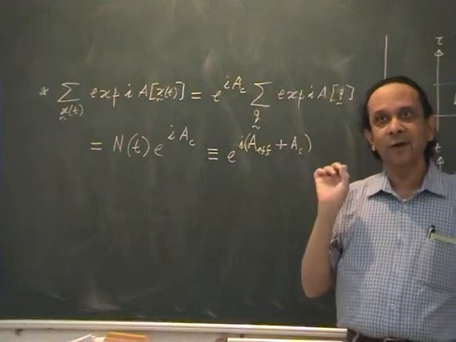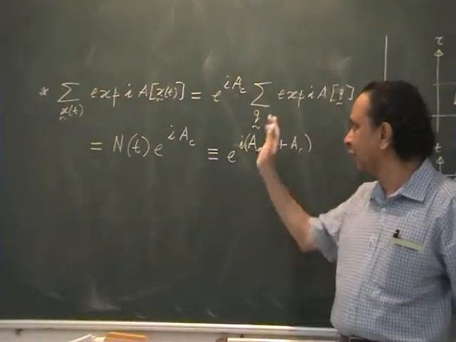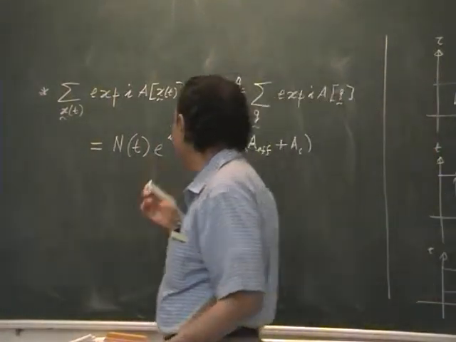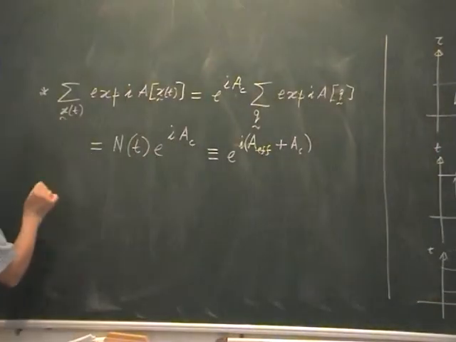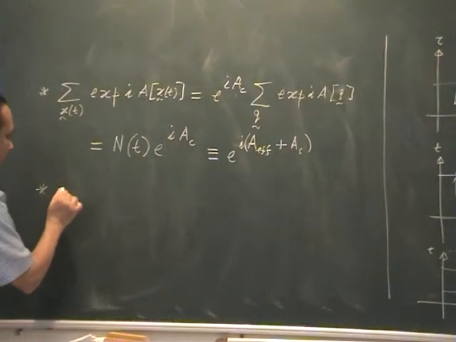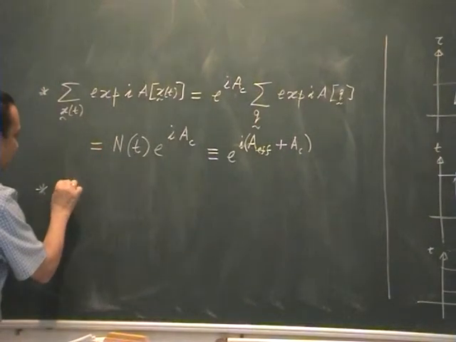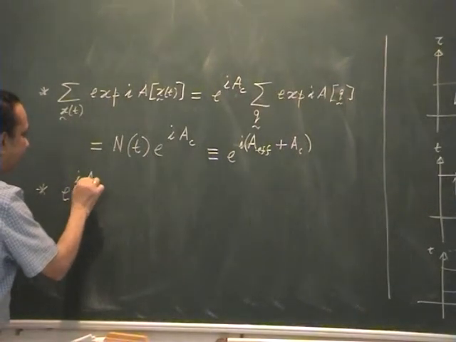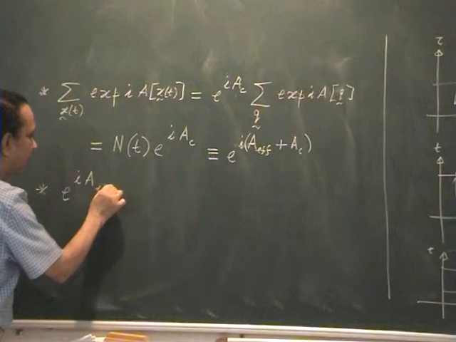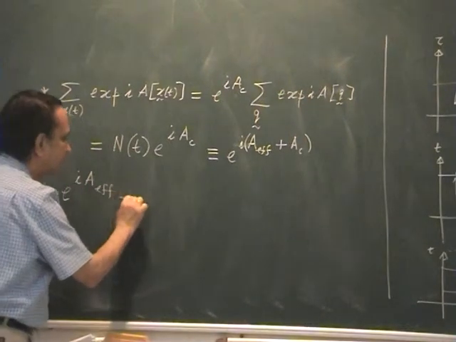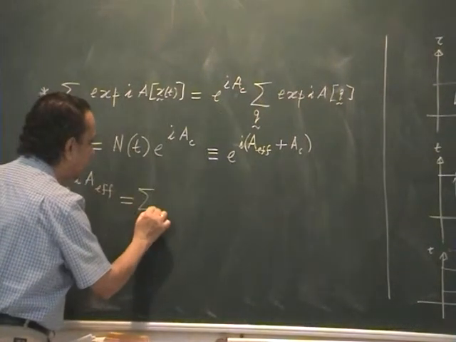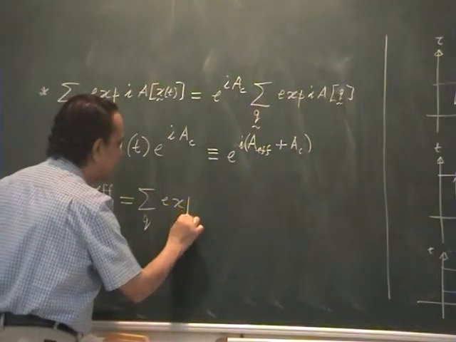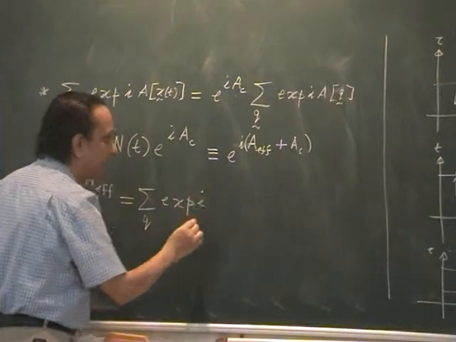Once again, there was one exercise where I had asked you to compute this for a matrix kind of situation. What you are computing in the quadratic case is an integral of the following form. So this N of t is e to the i times A effective. This is what we called N of t. This comes from a sum over q of t of a quadratic expression which is exponential i.